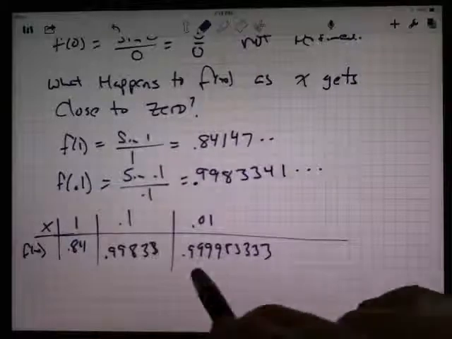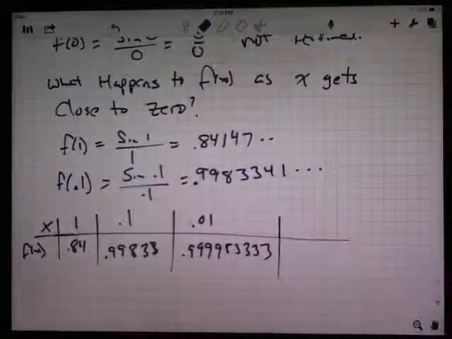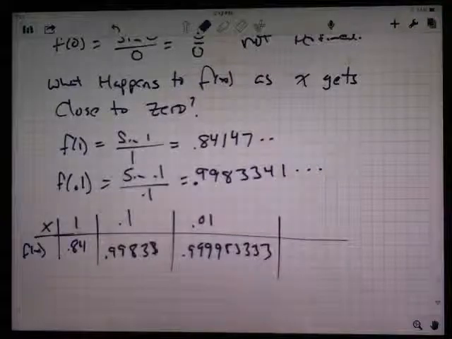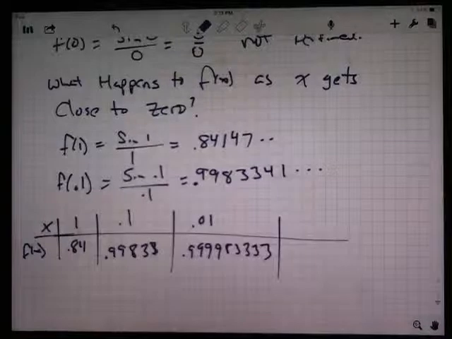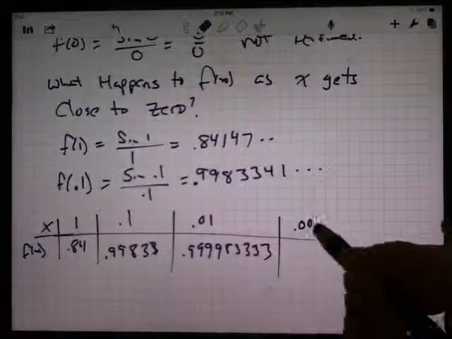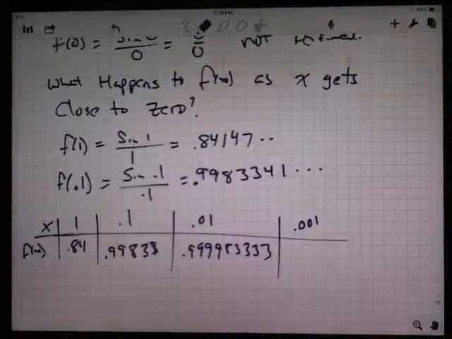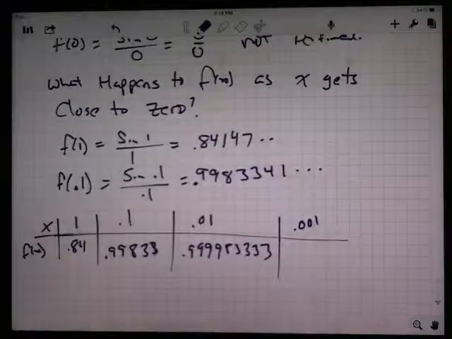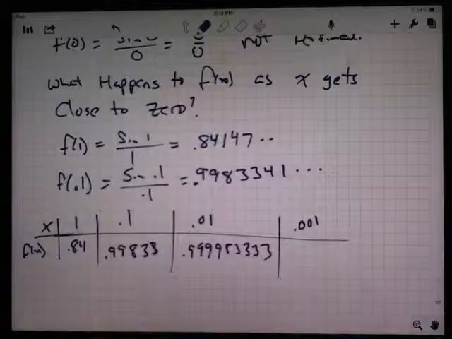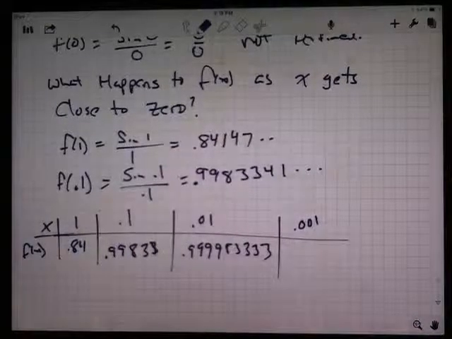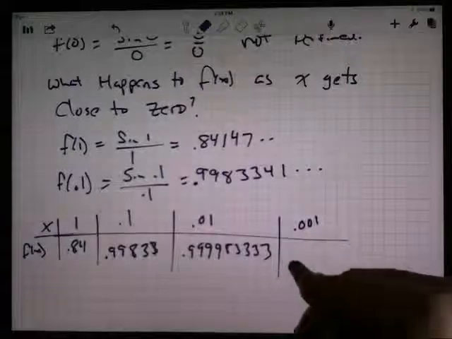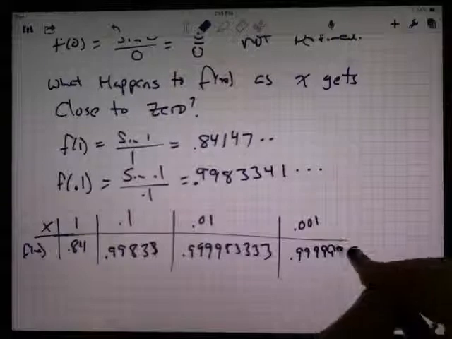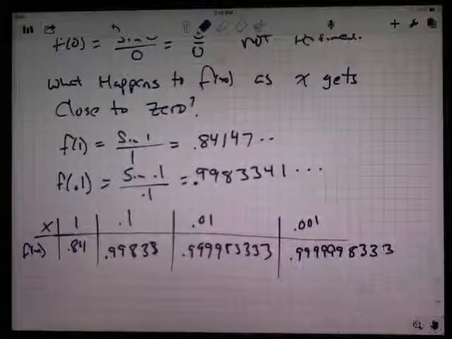Yeah, that's interesting. I can get even closer, right? I try it again with, let's say, 0.001. The hope is that at some point I recognize what's happening. I tried to type this into my calculator in a more efficient way, and it didn't really work. 0.999998333.